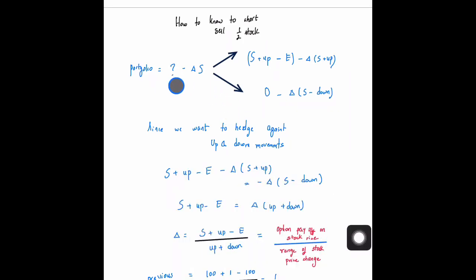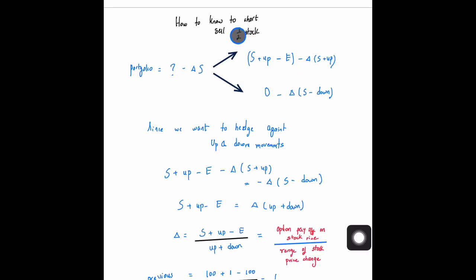The argument there is that you assume you're short selling an amount of stock equal to delta. This is the fraction of the stock that you're short selling. If the price of the stock goes to S plus UP, you know that this portfolio will be S plus UP minus the strike price, minus delta times S plus UP.